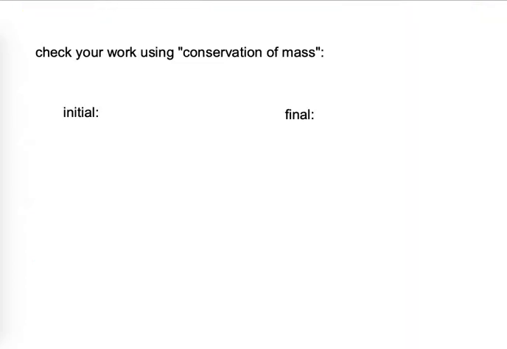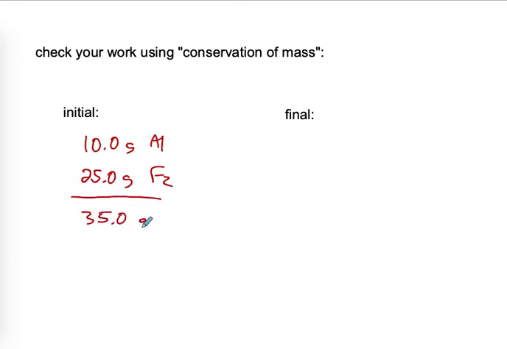Now, one of the cool things is that you can actually check your work by using what's called conservation of mass. Okay? So I initially started out with 10.0 grams of aluminum and 25.0 grams of fluorine for a total mass of 35.0 grams of reactant.